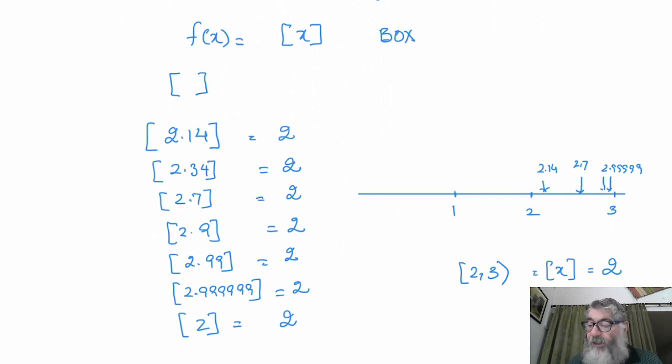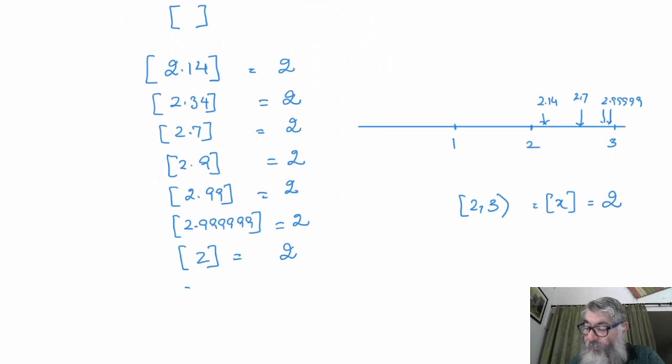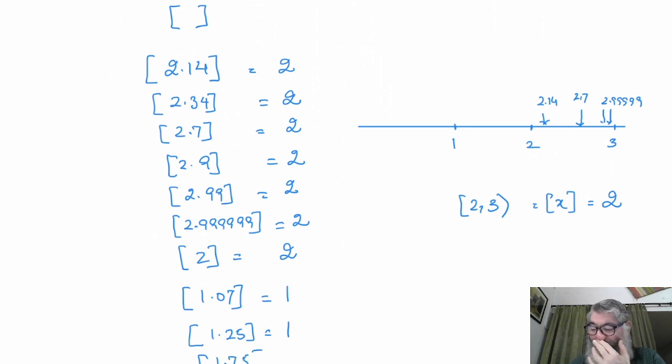be equal to 2. Like I showed here, 2.14 is 2, 2.34 is 2, 2.7 is 2, 2.9 is 2, 2.99 is 2. Let's take some more examples in terms of 1. Suppose it is 1.07. It will be 1 only. Suppose it is 1.25. It is 1 only. If it is 1.75, it will be 1 only.